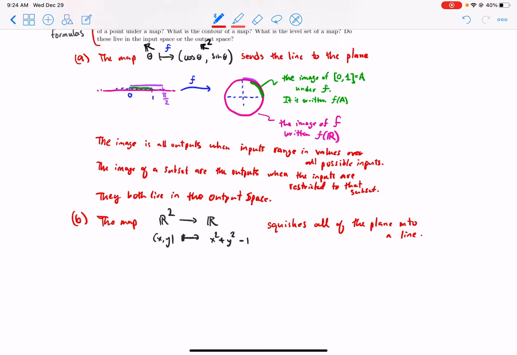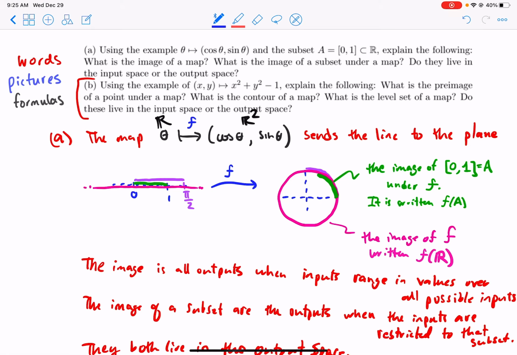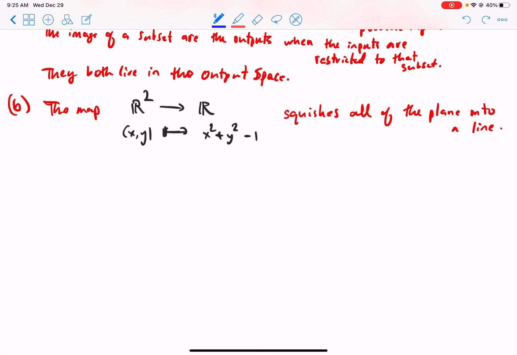Okay, so let's look at a picture. We're always connecting words, pictures, and formulas. So let's draw a picture of this. Here's my cartoon of the input space, and here's the output space.